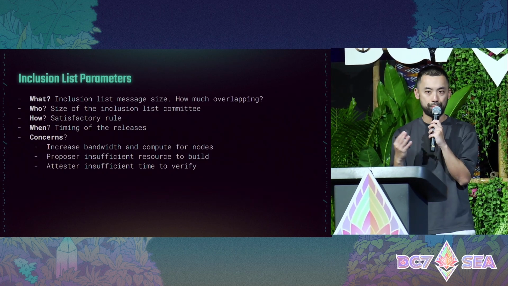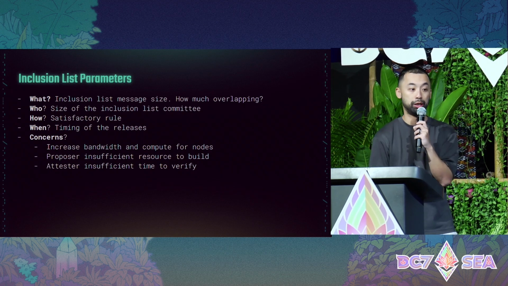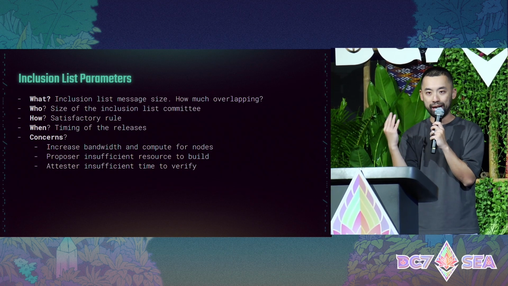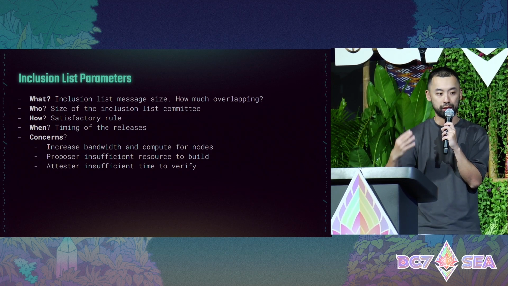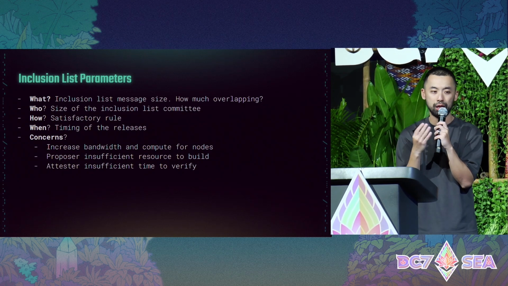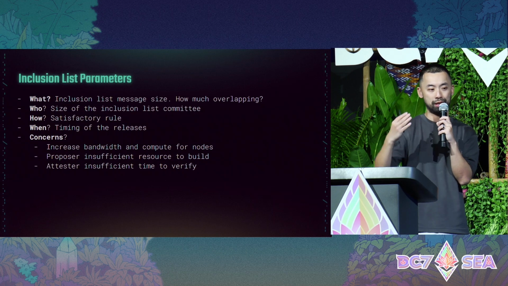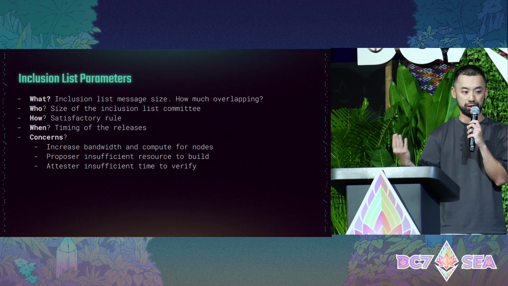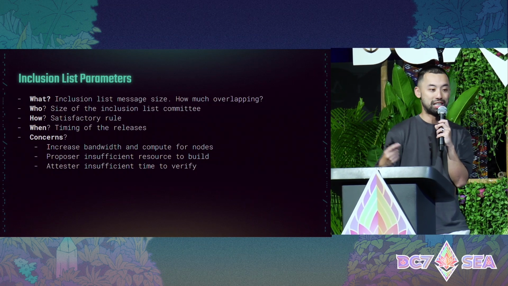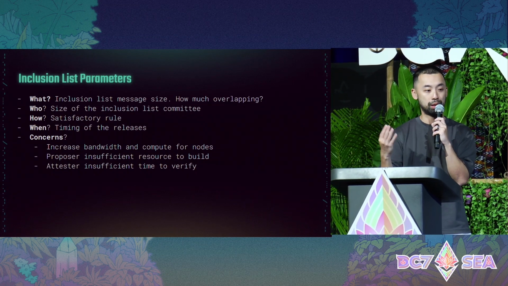So what are some parameters that we can play with in terms of trade-off? For example, how big is the size of an inclusion list? If the inclusion list size is so small, it may not be useful, but if the inclusion list size is too big, then you open up the network to DOS concern. What is the size of the inclusion list committee?